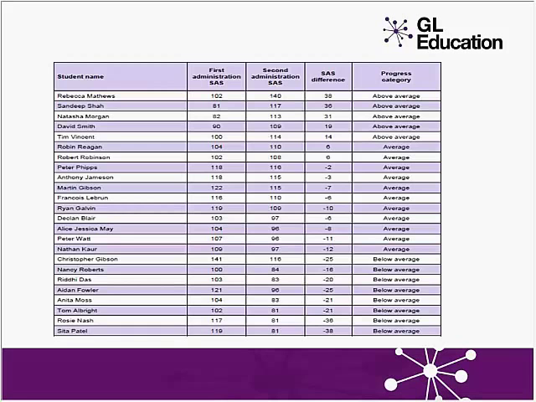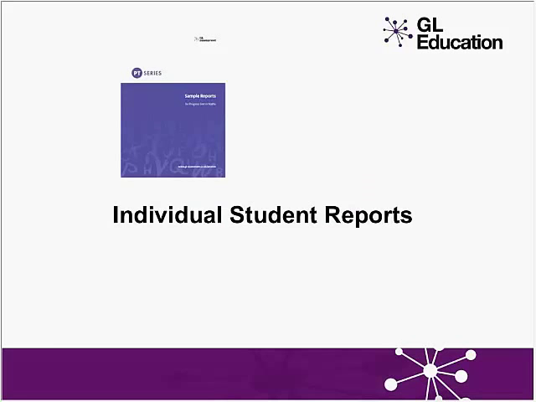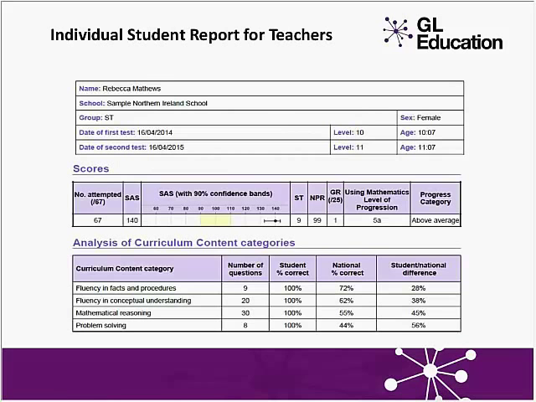So we get an individual report for teachers on each child, and this, I think, is particularly key for all of us as we move forward with supporting and trying to improve standards across all these core subjects. To be able to look at exactly which curriculum content category a child was either struggling with or, in this case, excelling with is particularly powerful.